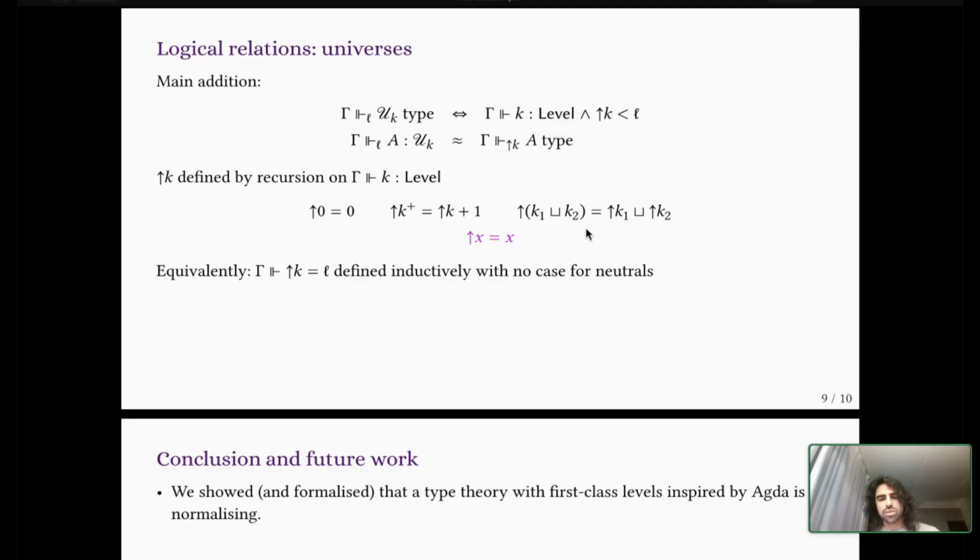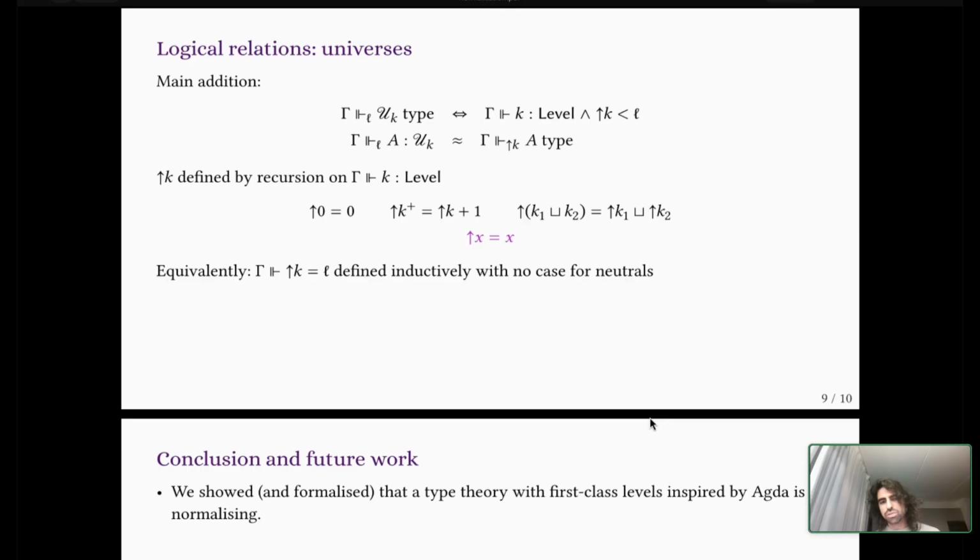So this up arrow function takes an element of this type, so a witness that K is reducible, and produces a natural number. And the way that it's actually implemented in the formalization is that in the case where K is a neutral, there's a separate definition for that case, which is 0, but that doesn't matter, and the definition is marked abstract.